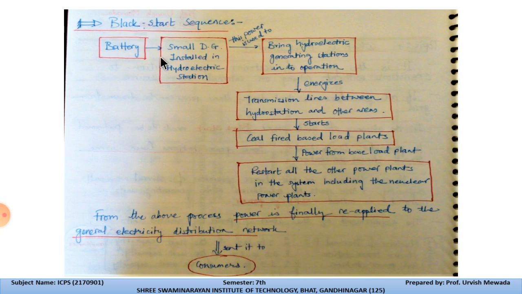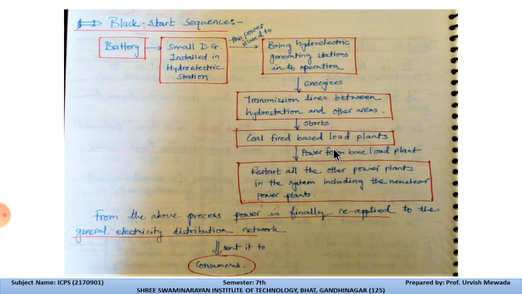Means that power will transfer to the coal fire based power plant, because it requires large power initially to start if it doesn't have a DG set. And this system we can use for the black start, because it is cheaper compared to the DG set system.